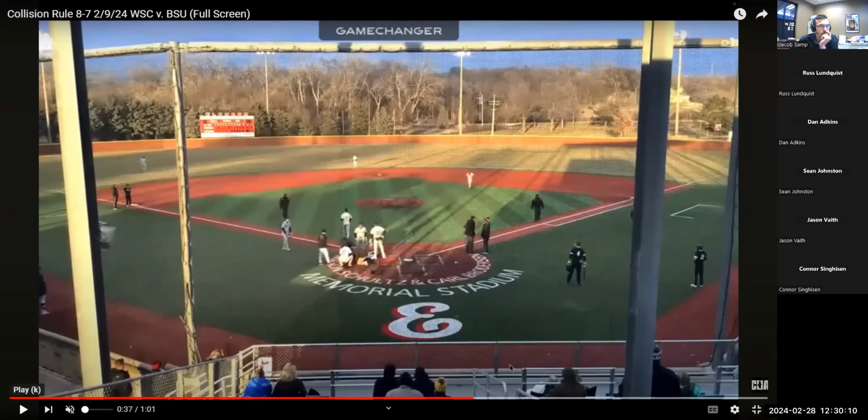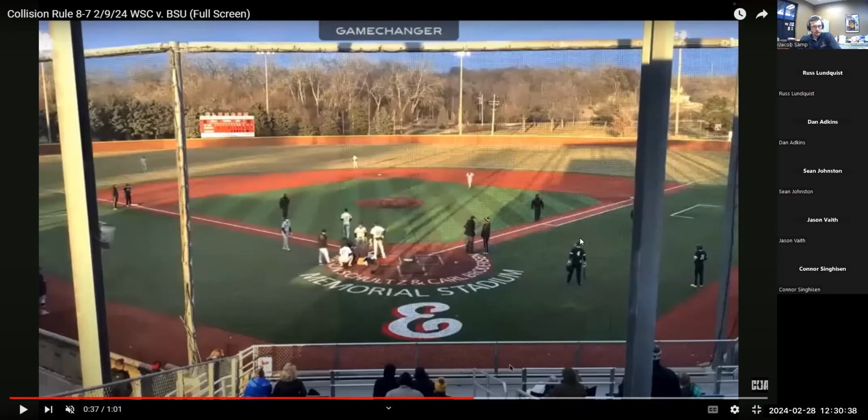The other thing, and it doesn't come up on this video, and I don't think it comes up in this situation, but this is the field situation we're talking about where we have to be aware as U1 and U3 of what's going on in the dugouts and making sure players aren't coming out of the dugouts. And if they do, we have to immediately give them direction to go back into the dugouts to avoid ejection.